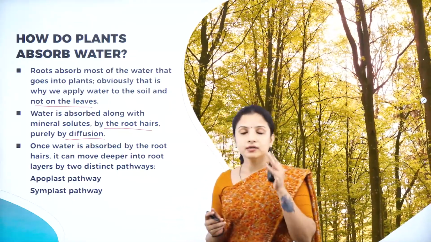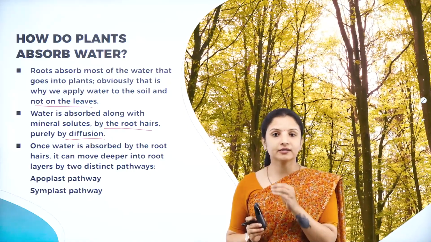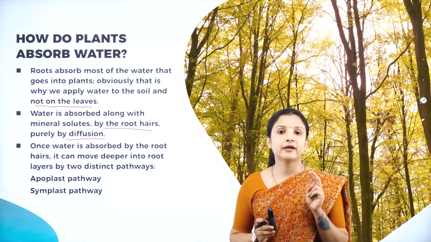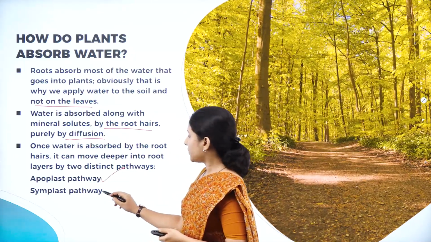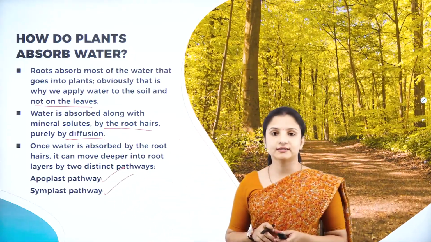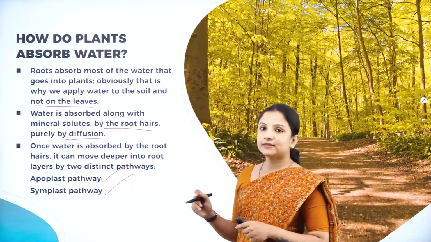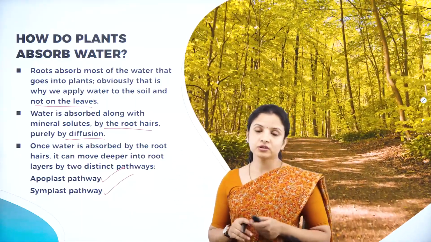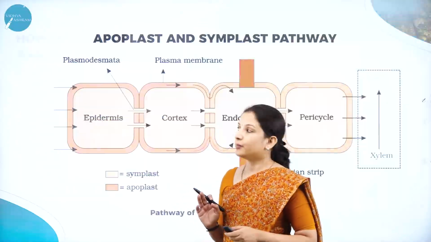So this movement of water from the root hairs into the other cells of the root takes place by two important pathways. One is called the Apoplast Pathway and the other is called the Symplast Pathway. We shall discuss how exactly the water molecules move through the Apoplast Pathway and the Symplast Pathway.